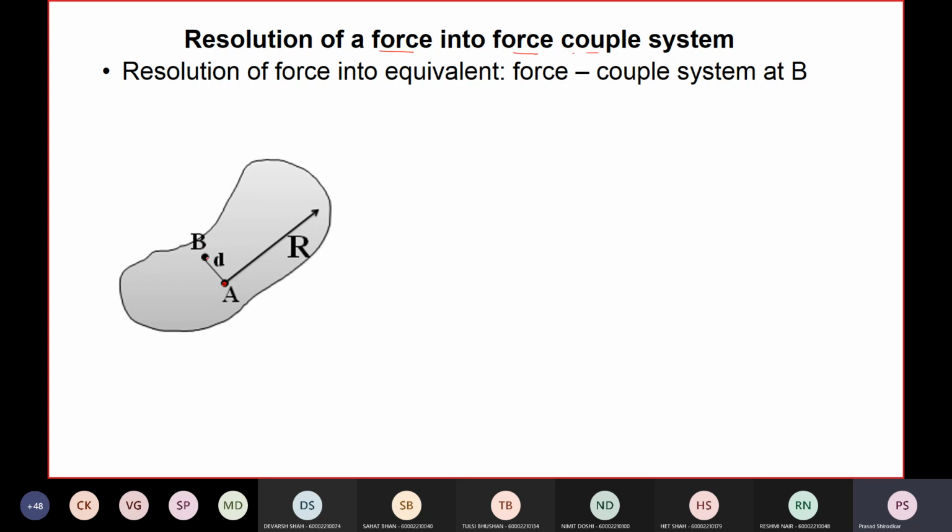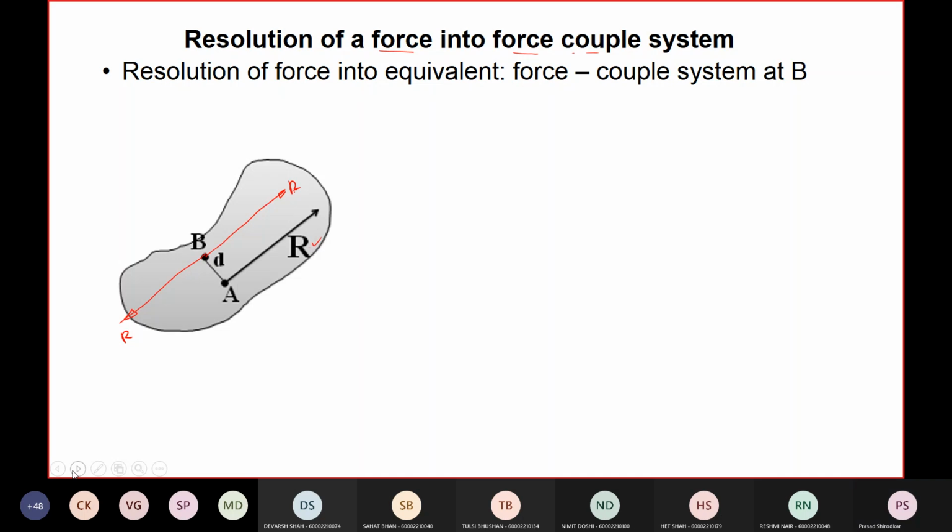So what I'm going to do is add and subtract R at point B, and the direction of R is parallel to this original force R. So I have actually done nothing, just added and subtracted a force at point B. The magnitude of this R and this R is equal, and both are parallel to each other.